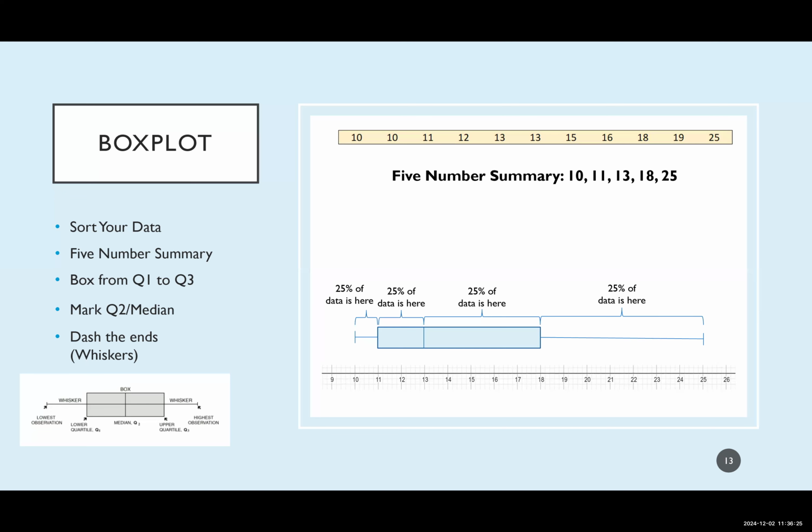And so you can say, where is the data most dense? Many people would say the data is most dense between Q3 and the maximum. And that's the opposite. Because remember, they all have the same amount of things. So if you put many things in a small space, it's very crowded.